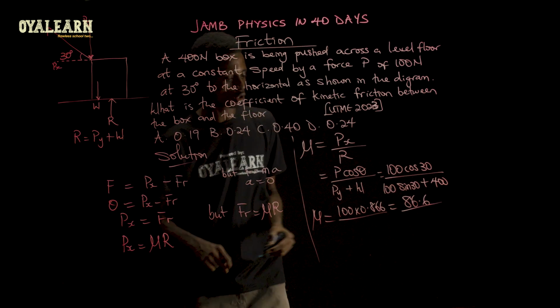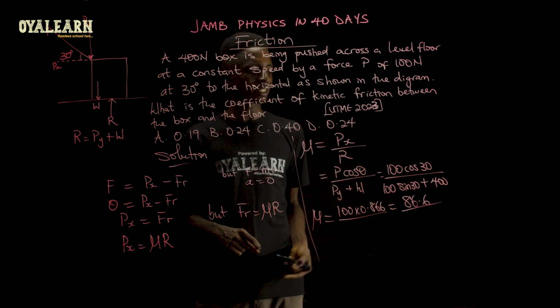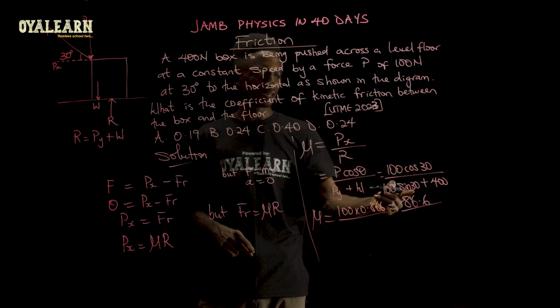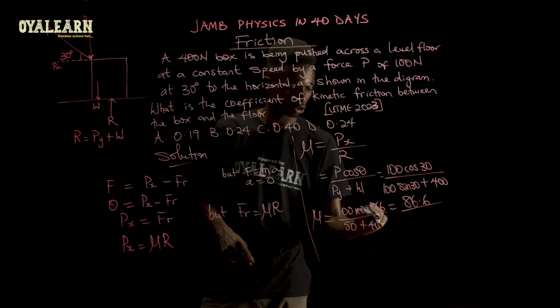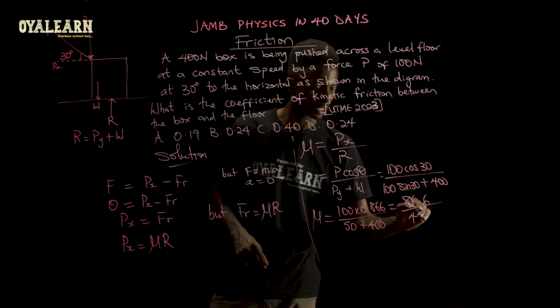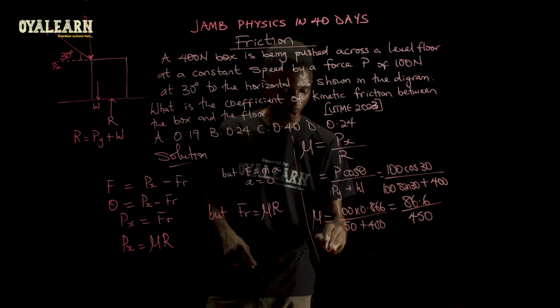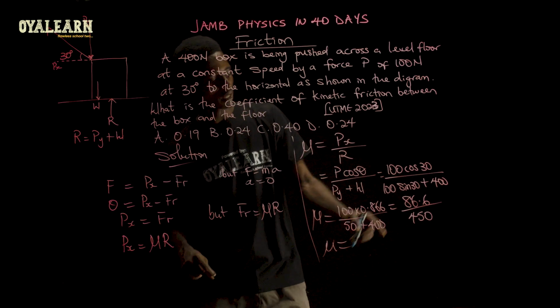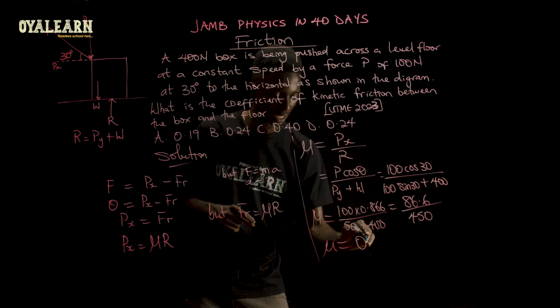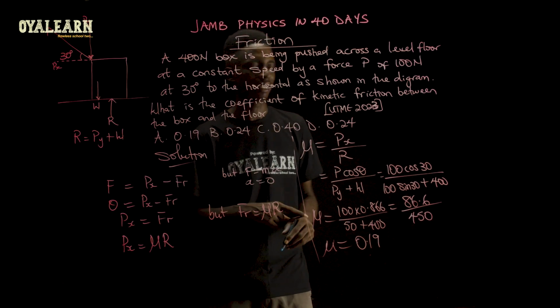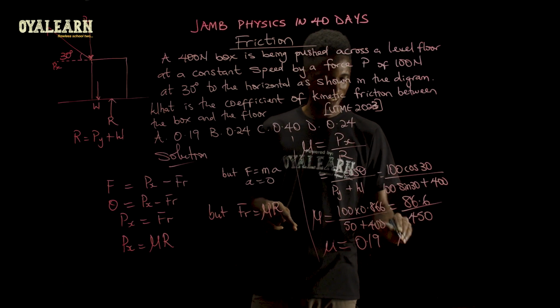Now let's go to the denominator. 100 times sine 30. Sine 30 is 0.5. 0.5 times 100 will give you 50 plus 400, so here we have 450. So the coefficient of friction can then be solved as 86.6 divided by 450, and that will give you 0.19. So the correct option here is A.